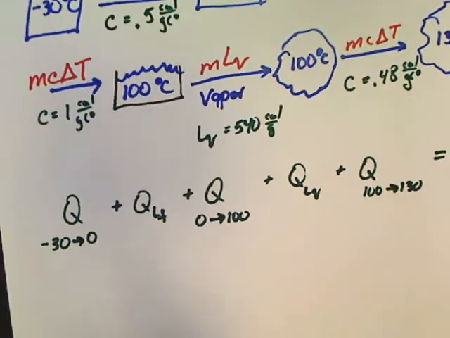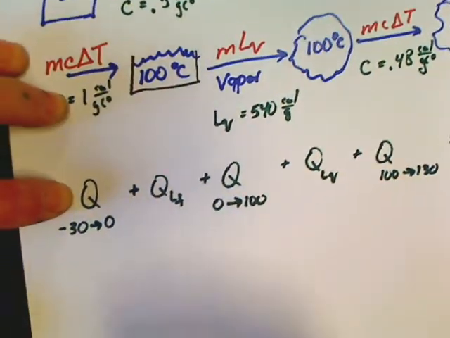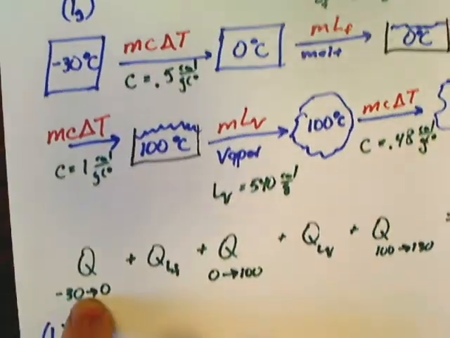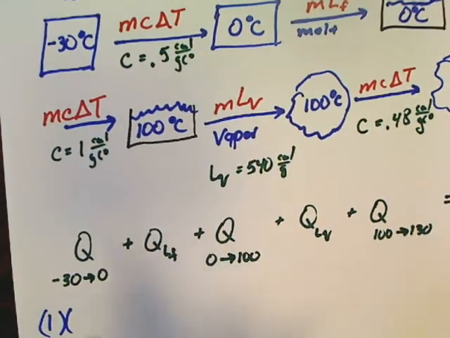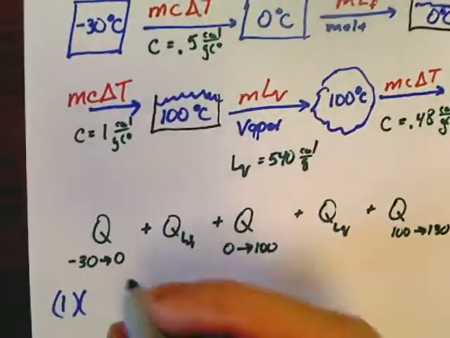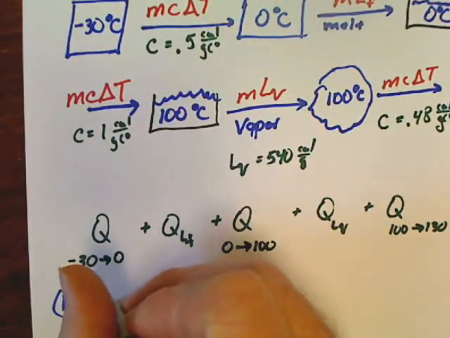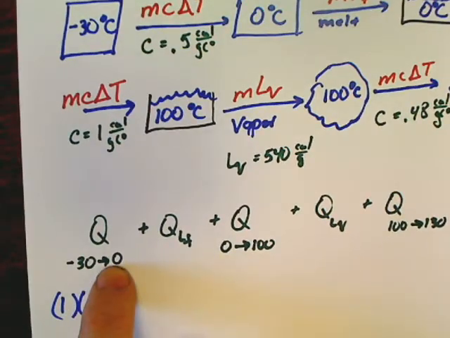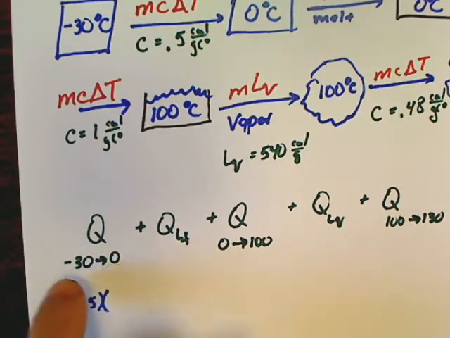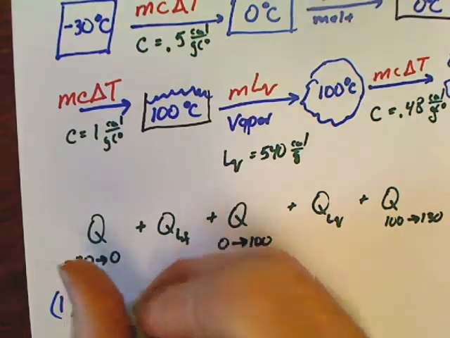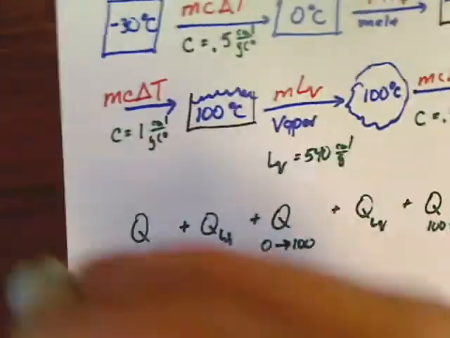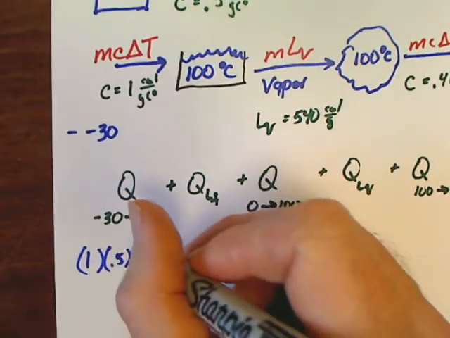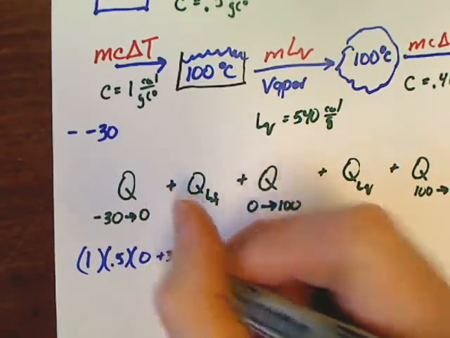So my first Q is going to be 1 times, remember this is ice, negative 30 to 0, so my C is 0.5, times temperature final minus temperature initial, 0 minus negative 30. Minus negative 30 is going to be plus 30.